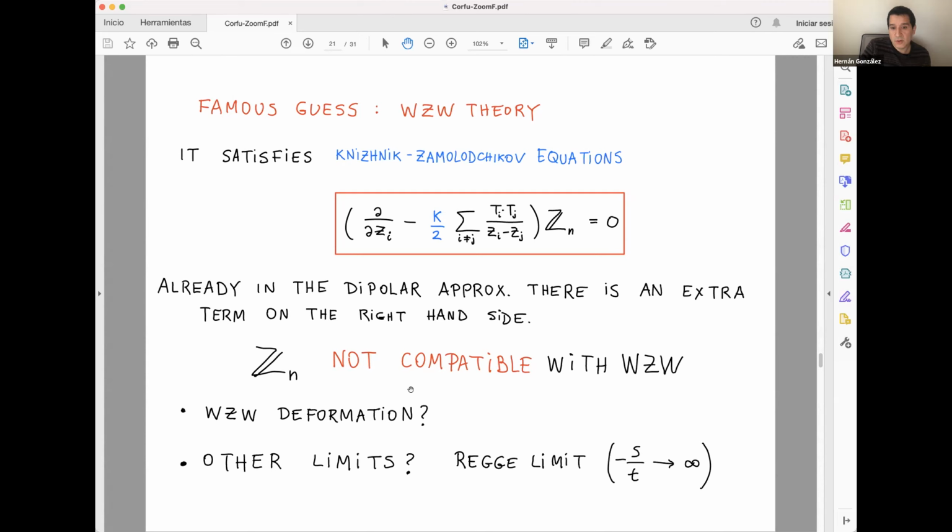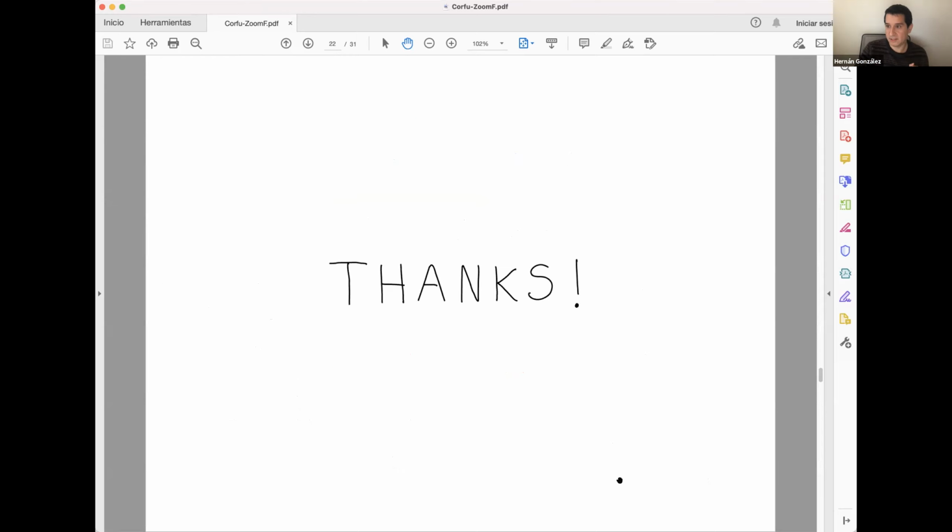Also, one could try to see if there are limits where this soft operator simplifies, for instance the high energy limit, the Regge limit, and in this limit one would like to see if there is some special theory controlling this specific case. This is it. Thank you.